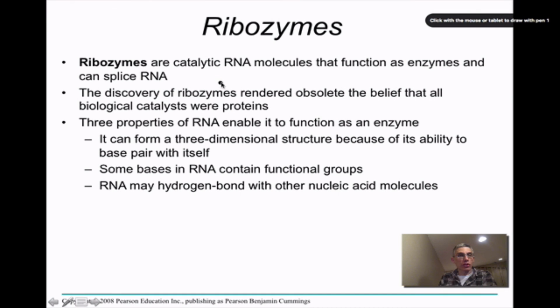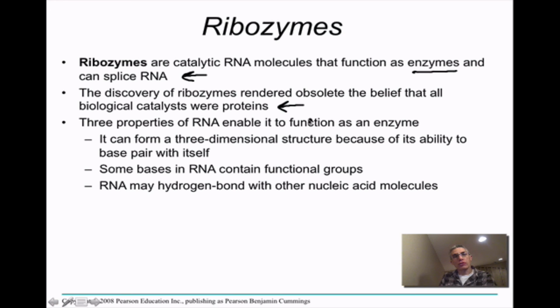Now, ribozymes are going to be another type of catalytic RNA molecule that's actually going to function very similar to enzymes, and it can also be used to splice the RNA. So the discovery of ribozymes actually rendered obsolete the belief that all biological catalysts really were proteins, because we have another molecule here that can actually do somewhat of the same thing that biological enzymes are able to do as well.